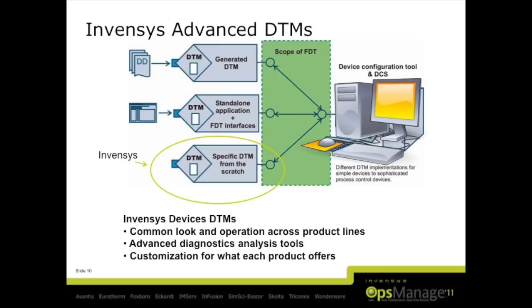So, common look and operation across our product lines. As I like to say, our DTMs support many different products, many different types of instruments, but when you fire up that thing and you look at the menu the first time, you should expect to see similar things in the DTM tree, the menu tree.